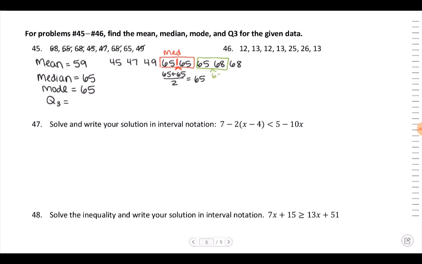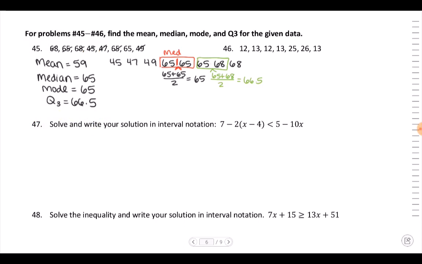So I'm going to take 65 plus 68 and divide that by 2. And that's what gives me that 66.5 as my third quartile. So 66.5 here. That's the average of those two numbers.